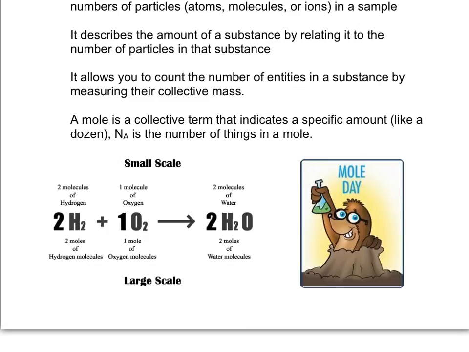But we're also going to see that the stoichiometric coefficients, or just numerical coefficients, can also represent the ratio of moles. So for every 2 moles of hydrogen that react with 1 mole of oxygen, 2 moles of water are produced.